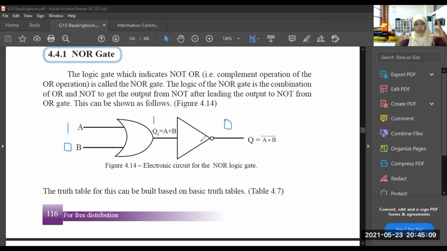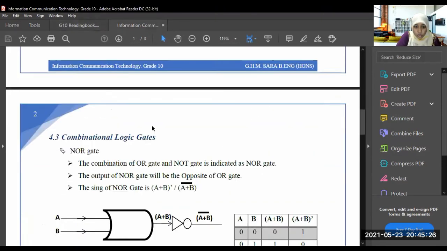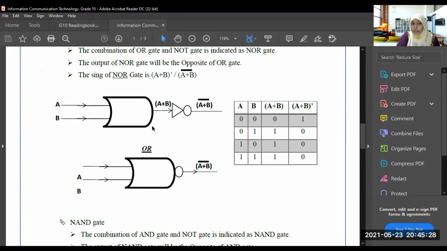Separately, you can first draw the main 2 gates and get the output, or else you can combine them together like this. See, I will show you. Like this. Now I have shown you here, it is this one, right?